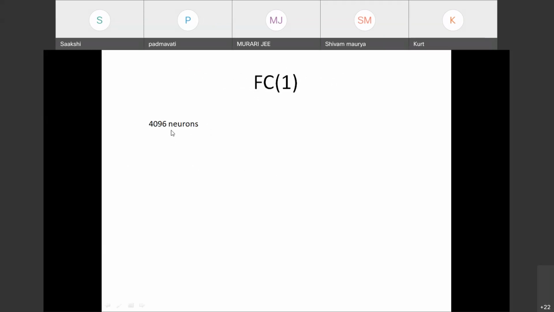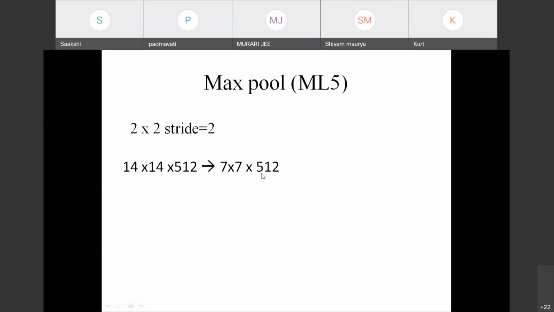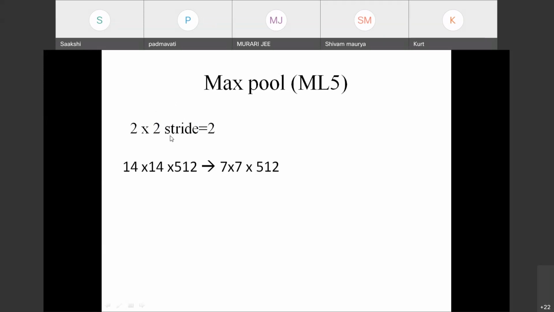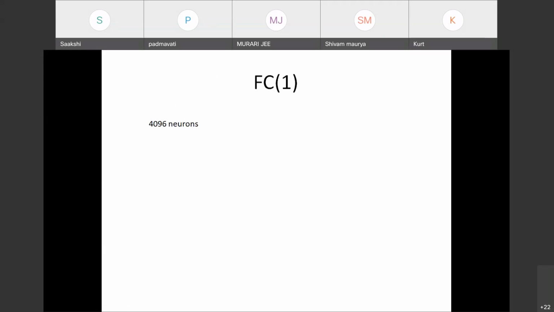These many neurons are connected with that many neurons in the fully connected layer. Hence 7 cross 7 cross 512 multiplied by 4096 plus one bias term for each of the neurons in the fully connected layer, so plus 4096, will give me the number of parameters for this first fully connected layer.